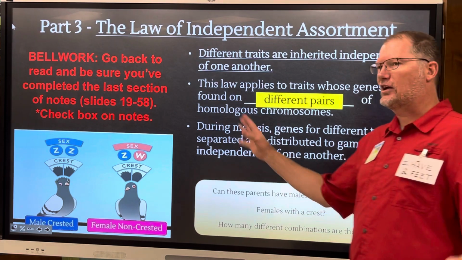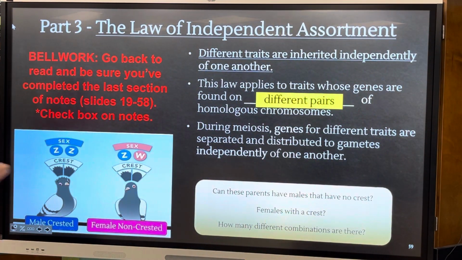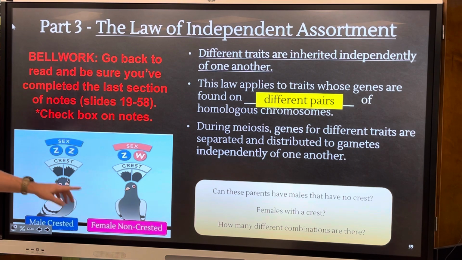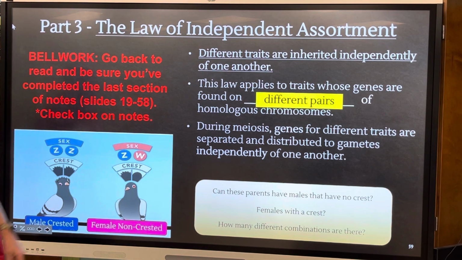So let's take a look. Let's look at an example here, okay? So here we have pigeons. You got a male pigeon with a crest, and these are his alleles. And you got a female who doesn't have a crest, and these are her alleles.